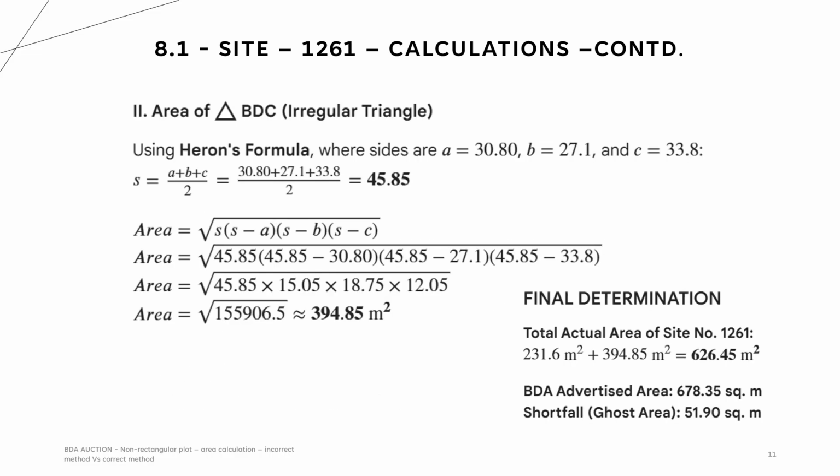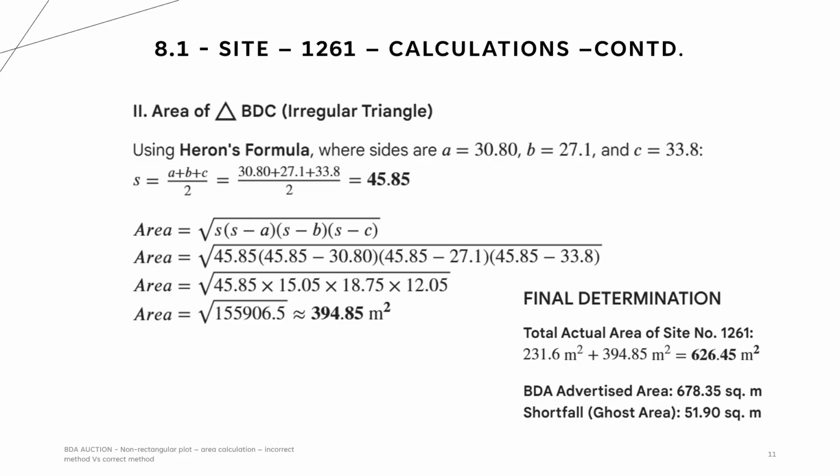Next, we go to area of triangle BDC, which is the irregular triangle, using Heron's formula, where sides are A equal to 30.8, B equal to 27.1, and C equal to 33.8. S equal to A plus B plus C divided by 2, which is equal to 30.8 plus 27.1 plus 33.8, the whole divided by 2, which is equal to 45.85.